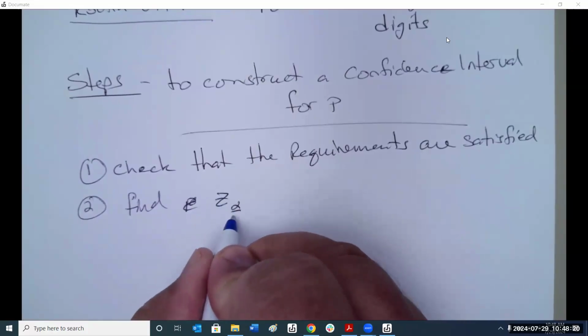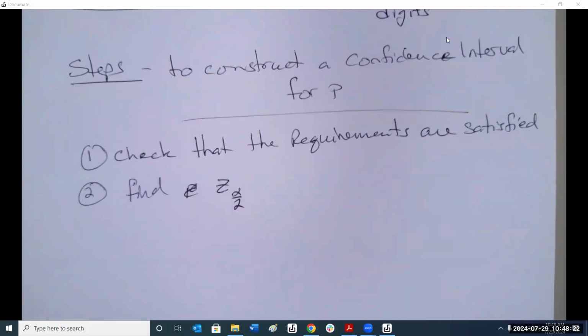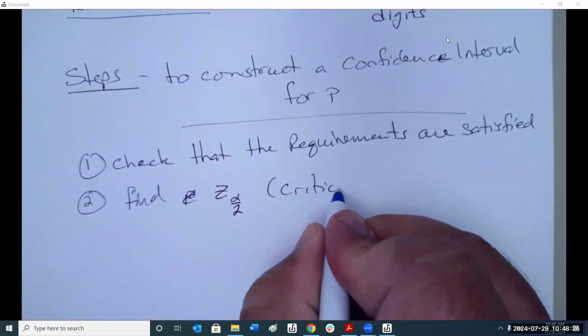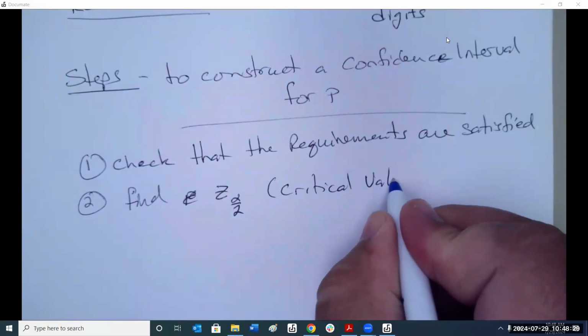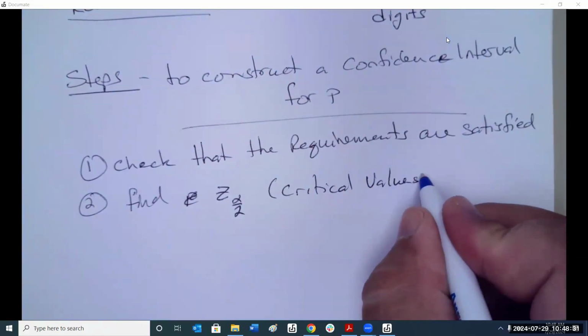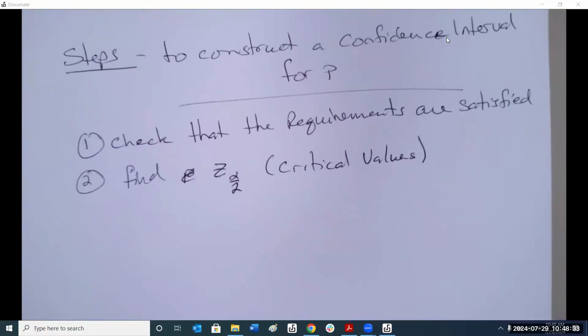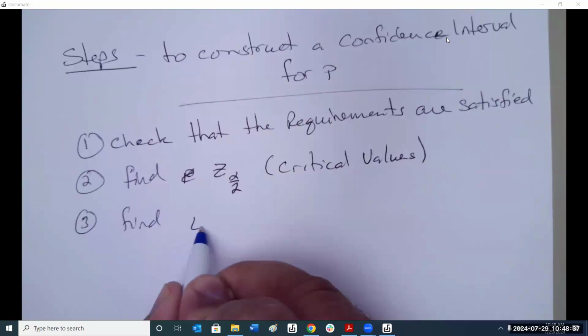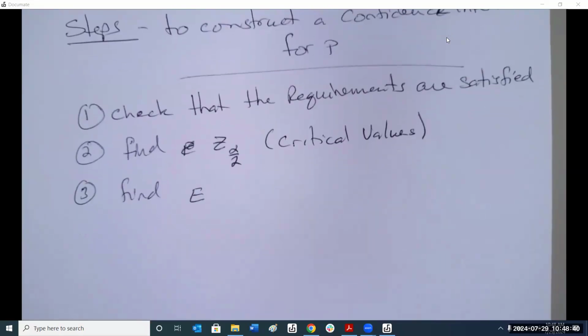Find your Z alpha over 2, your critical value. Find E in that formula.